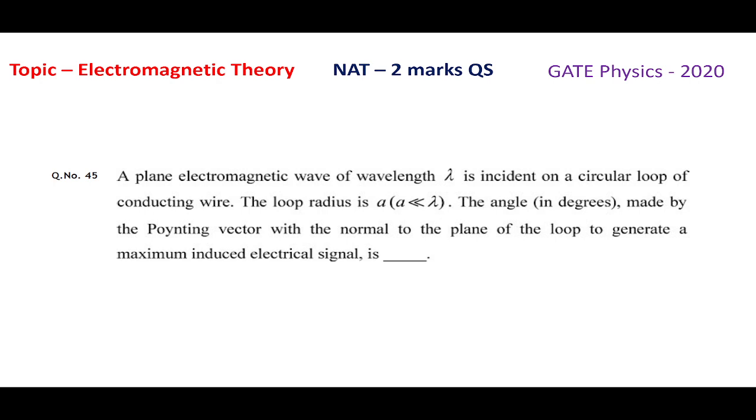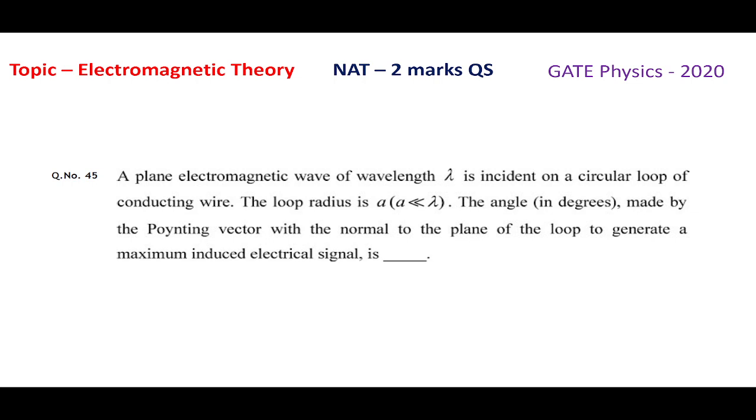Consider the xyz Cartesian coordinate system, and your circular loop is in the xy plane, and an electromagnetic wave is incident on the loop. What should be the magnetic field direction of the electromagnetic wave so that your flux will be maximum? Z direction. Yes, z direction, right? That's correct. That is along the normal to the plane, right?